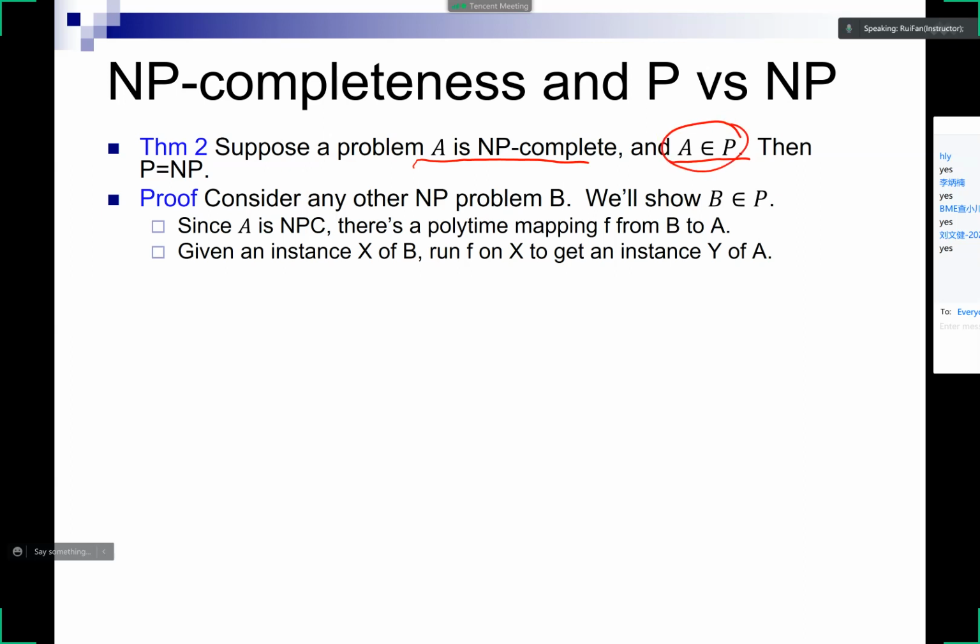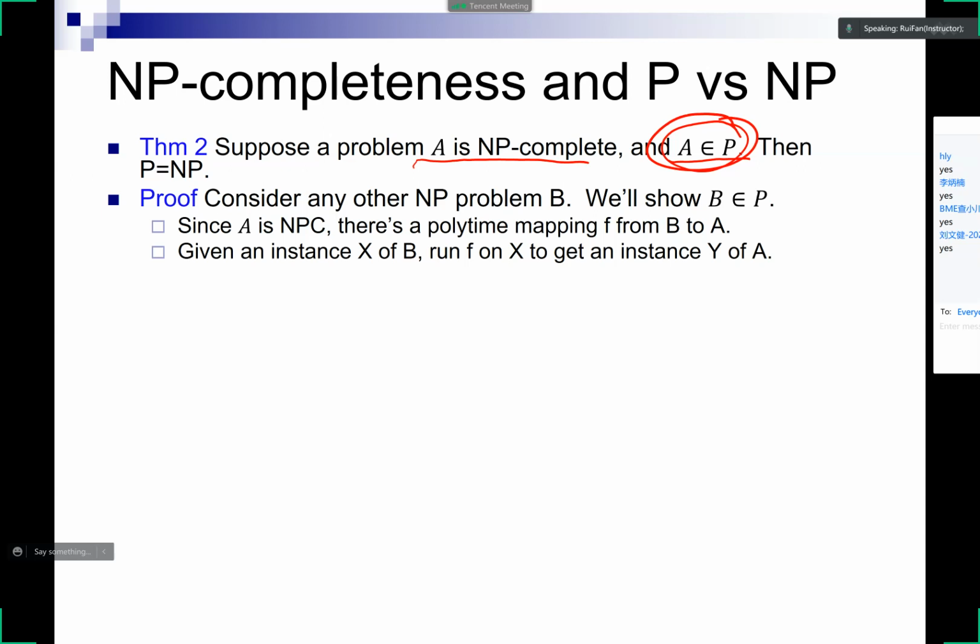Then you've proven that P equals NP. If you can do this step, then you've solved that very famous problem, and now you're very famous too.